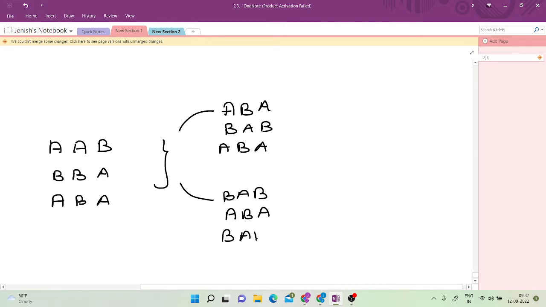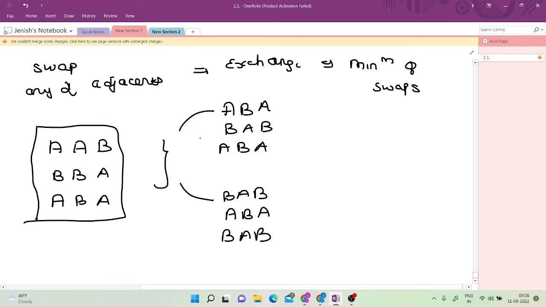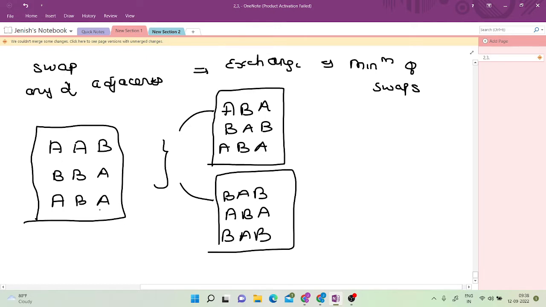Now we are told that we can swap any two characters, any two cells, and that is called an exchange. We need to find the minimum number of swaps. We know the end result: after doing any number of swaps, our final result can be this or this. So I could start from the back and check whether it is possible.